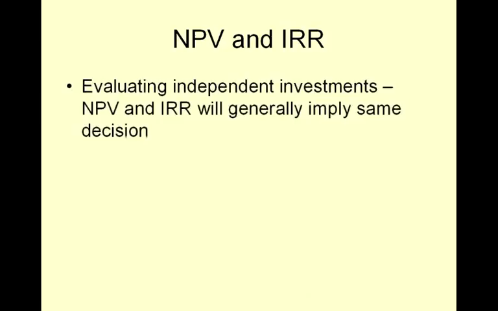Now, when we evaluate independent investments or projects or business opportunities that we can look at on their own without comparing them to others, the NPV and IRR rules will generally imply the same decision.